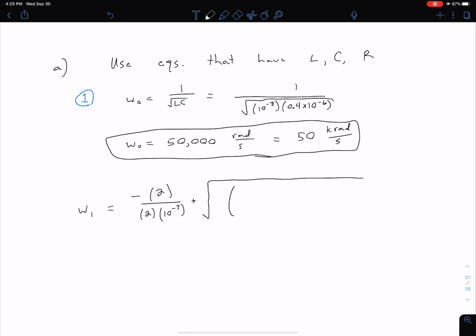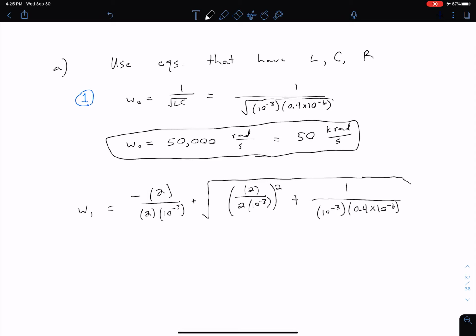And now in our square root, plugging in our values, 2 divided by 2L, so 2 times 10 to the minus third, all of that squared, plus 1 divided by LC, where our L is 10 to the minus third, and our C is 0.4 times 10 to the minus 6.